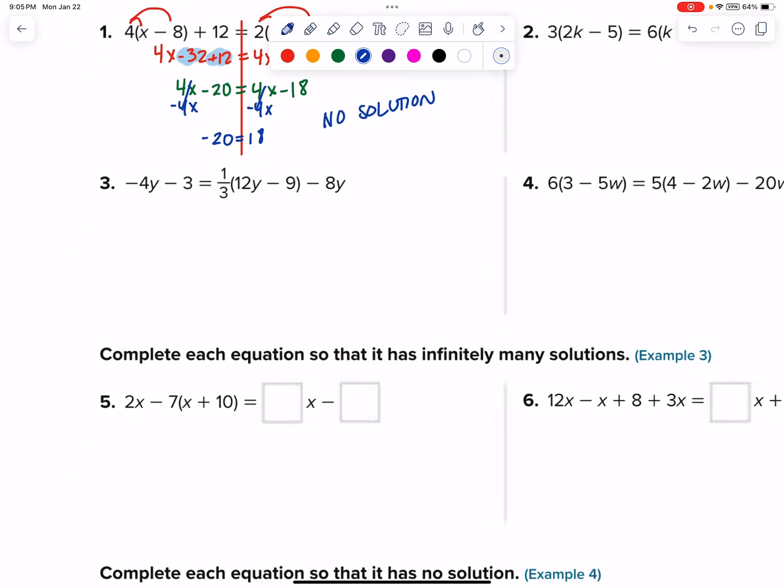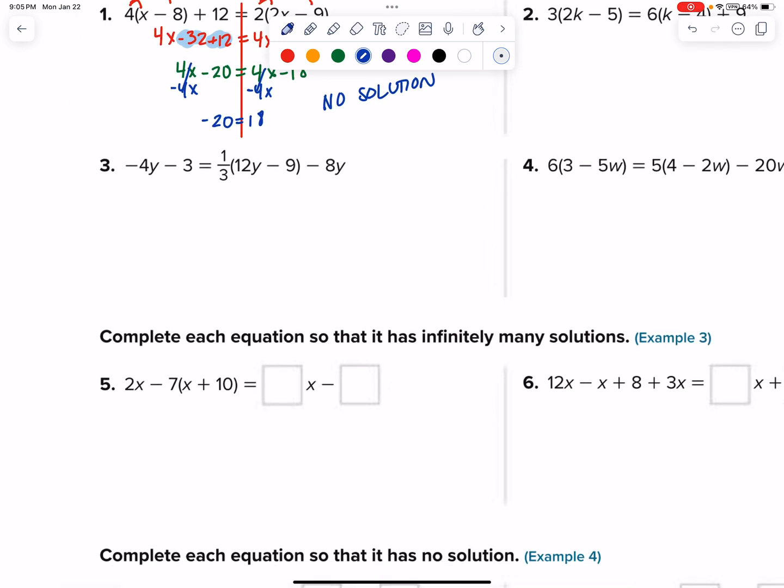Okay, let's go ahead and do this annoying fraction one together. We know we need to distribute, and so let's go ahead and write what we have now. I'll stick with blue. We have negative 4y minus 3 equals 1/3 times 12, which is the same thing as 12 divided by 3.